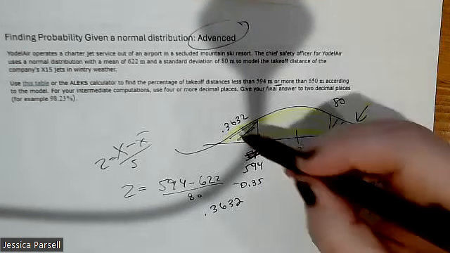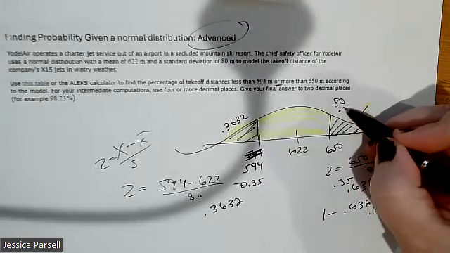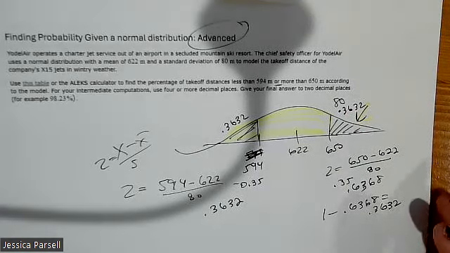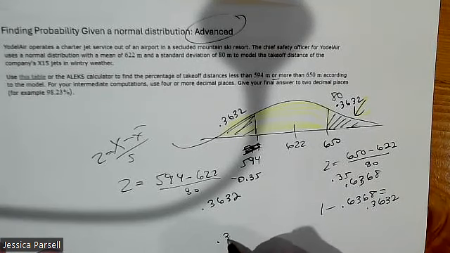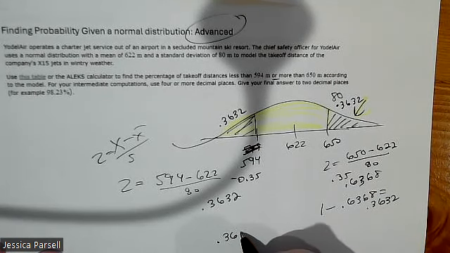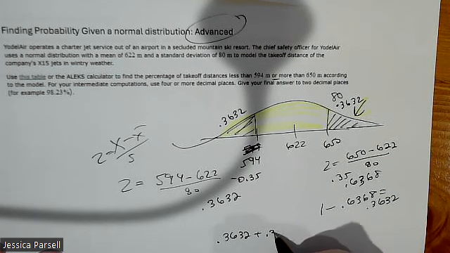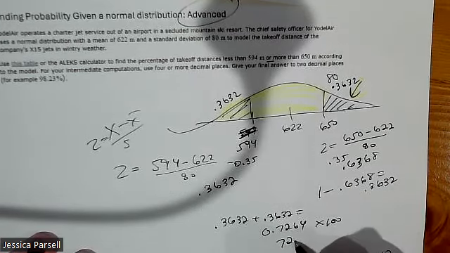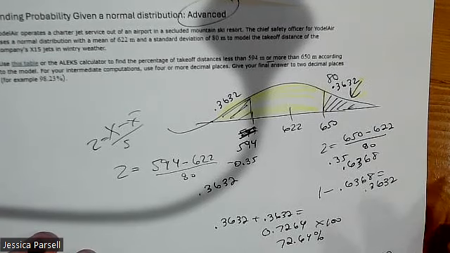So if this is 0.3632 and this is 0.3632, and we need both of them, what do you think we're going to do? You guessed it, we're going to add them together. So we should get 72.64%, and that is the percentage of takeoff distances.